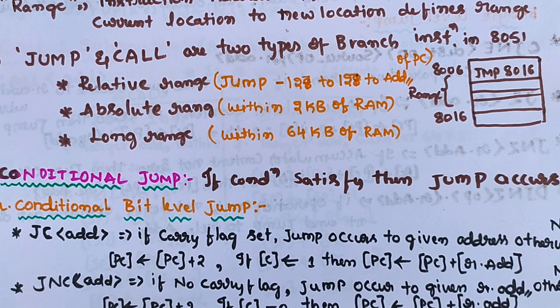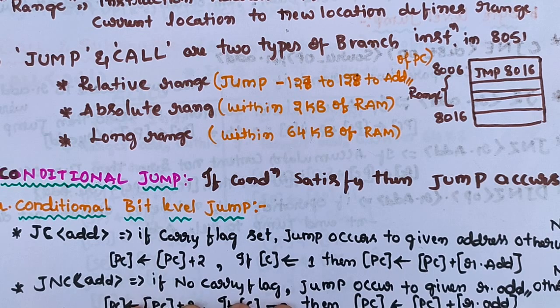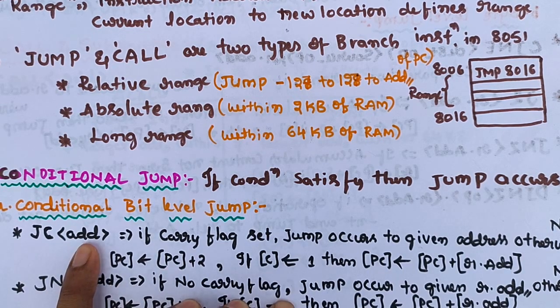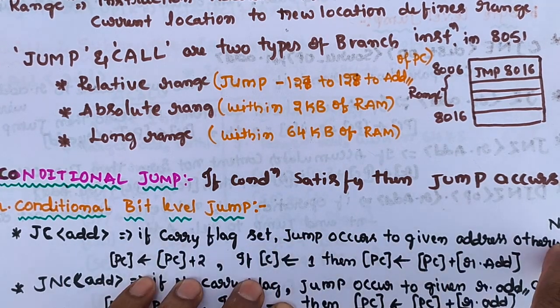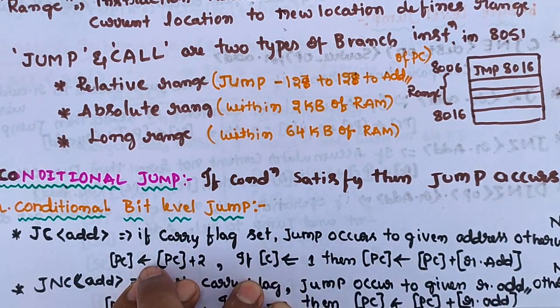Here also we are splitting the jump instructions into bit level jump instructions and byte level jump instructions. In bit level jump instructions, there is JC, jump if carry, that means if the carry flag is set, the jump will occur, otherwise it will go to the next address. Therefore the program counter is incremented.